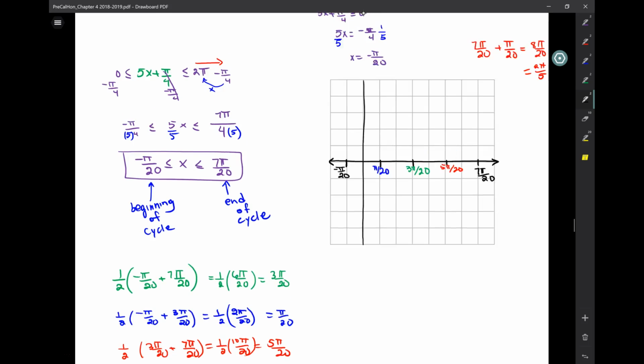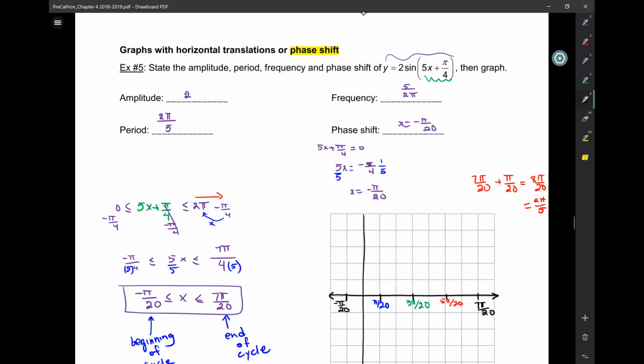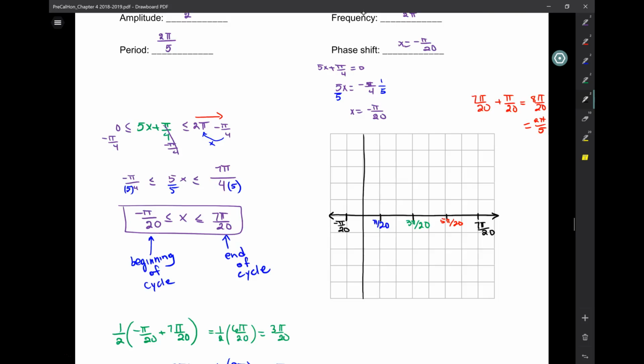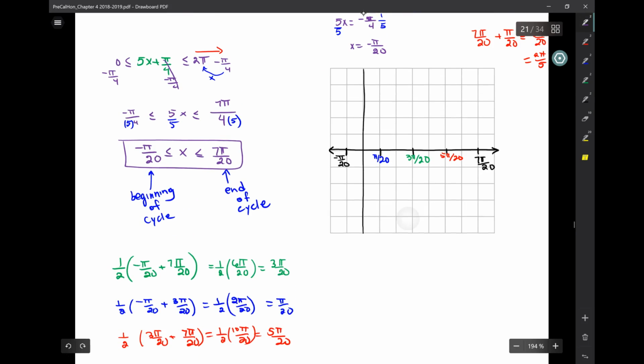Now, this is a sine. That means the first point is on the x-axis itself, right? The amplitude is 2, and it's positive 2. So that means from 0, I've got to go up, not down. So here's what I do. If the amplitude is 2, I just go in and put points.